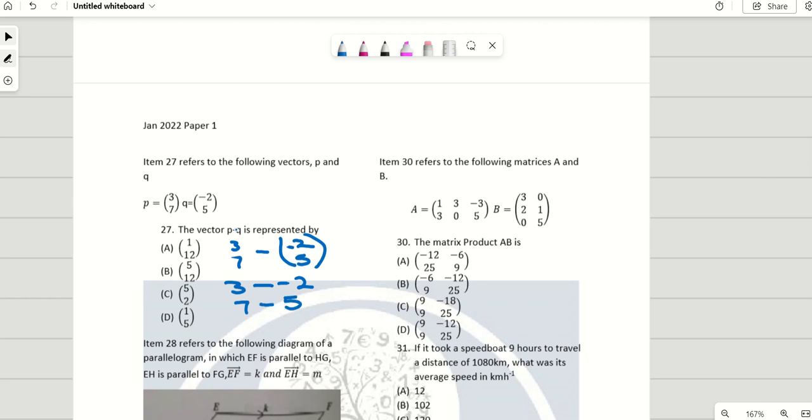When you have two negative signs like this, a minus and a minus is a plus. So it's 3 plus 2 and 7 minus 5. 3 plus 2 is 5. 7 minus 5 is 2. So the answer would be 5 on top, 2 at the bottom, so it's C.